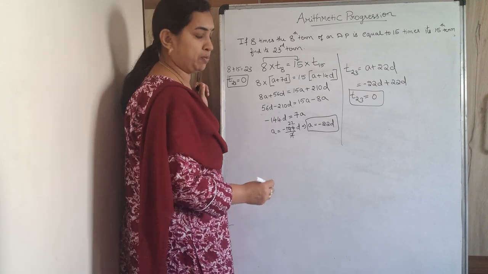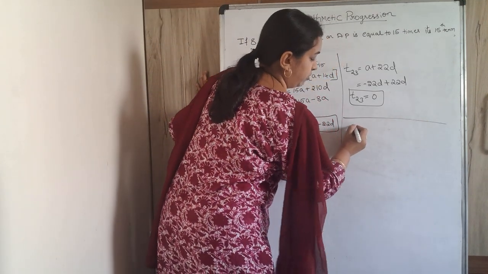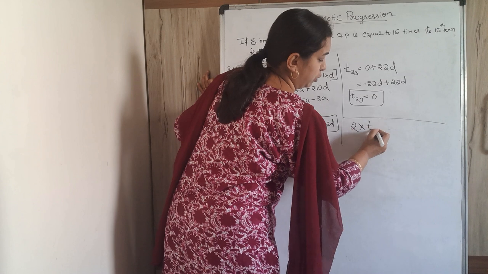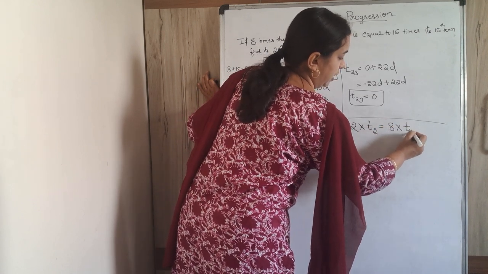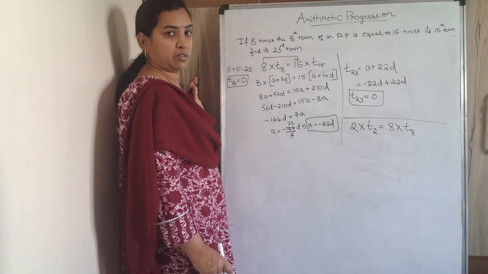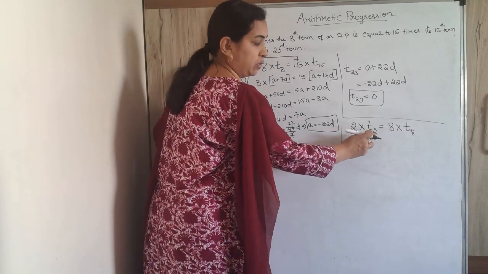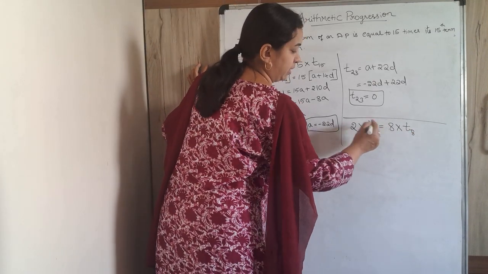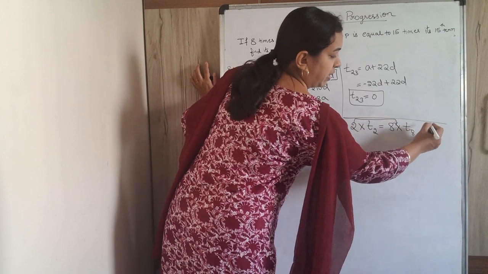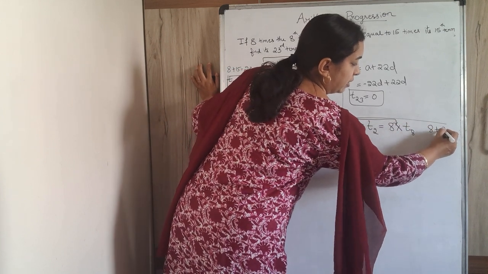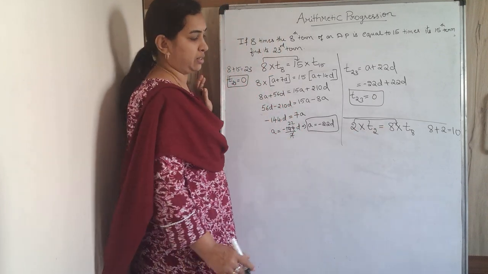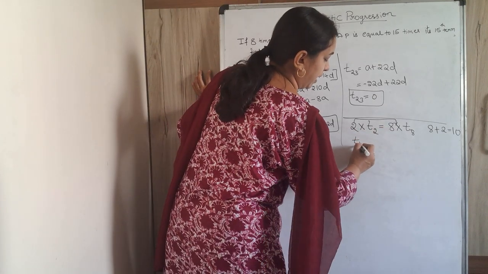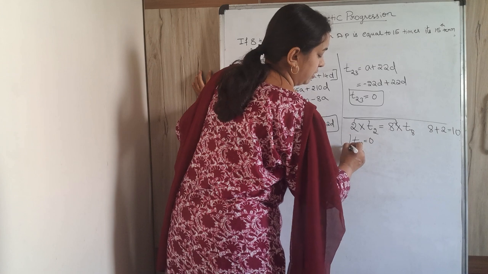I'll give you one more example. If they ask 2 into T2 = 8 into T8, then if they ask you to write the 10th term, that is 8 plus 2, the 10th term, then you can directly write the 10th term as 0.